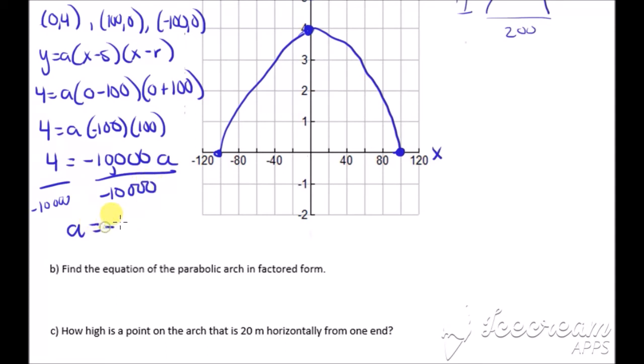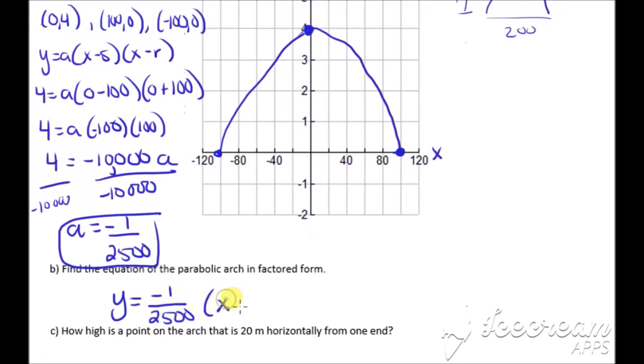Okay, so -1 over 2,500 will be our a value. So that's going to be y equals -1 over 2,500, (x plus 100)(x minus 100). And that's our factored form.